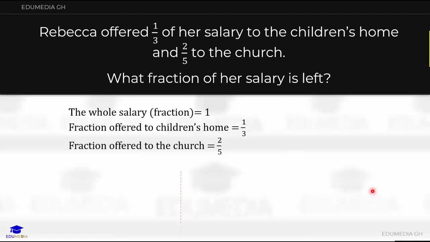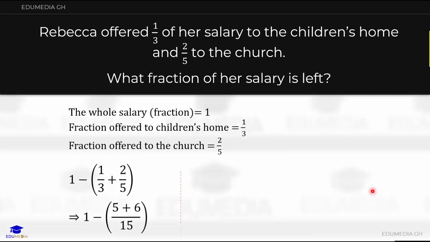Therefore, we need to put this together and then subtract it from her whole salary. So we are putting together the fraction offered to the children's home and the fraction offered to the church, and then we are taking that away from the whole salary, that's the 1, and we have this. So 1 minus (1/3 plus 2/5), and then we have 1 minus (5 plus 6) over 15.